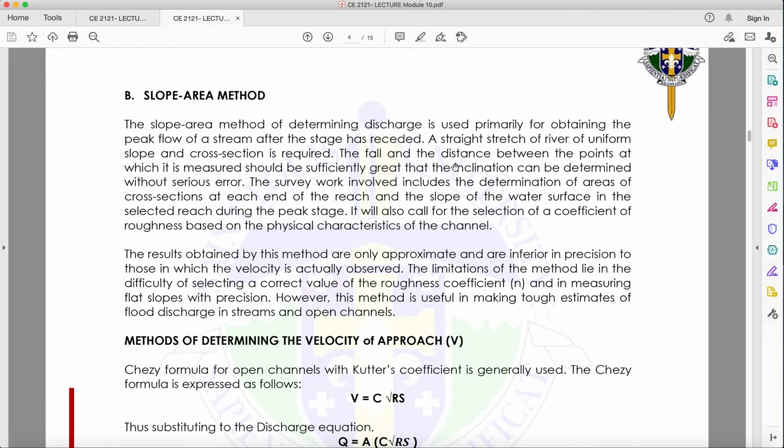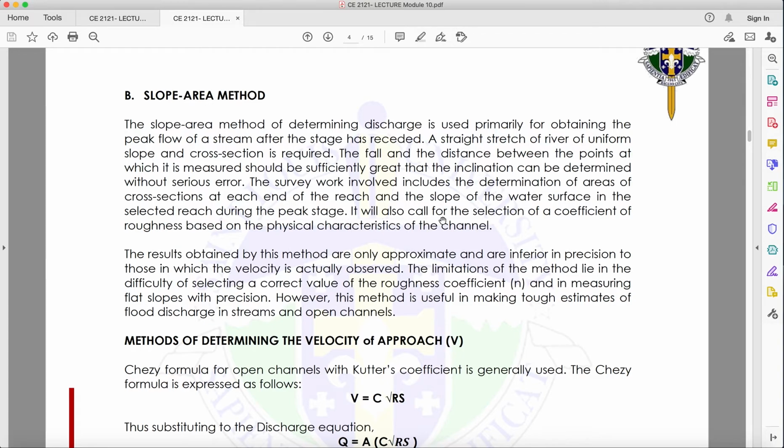So the fall and the distance between the points at which it is measured should be sufficiently great that the inclination can be determined without serious error. The survey work involved includes the determination of areas of cross sections at each end of the reach and the slope of the water surface in the selected reach during the peak stage.